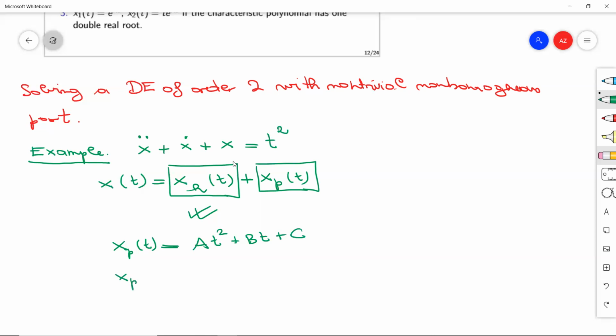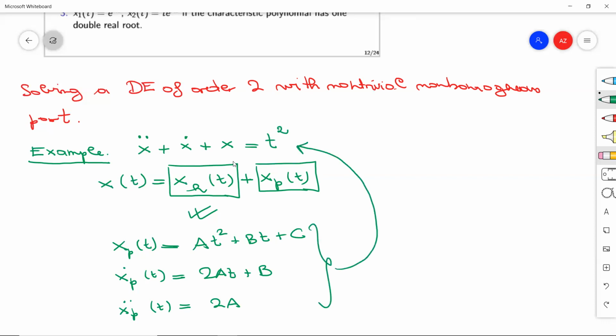If we compute x_p prime of t, we get 2at plus b. And if we compute the second derivative, we get 2a. And we plug those three expressions into our differential equation and get a system of three linear equations.